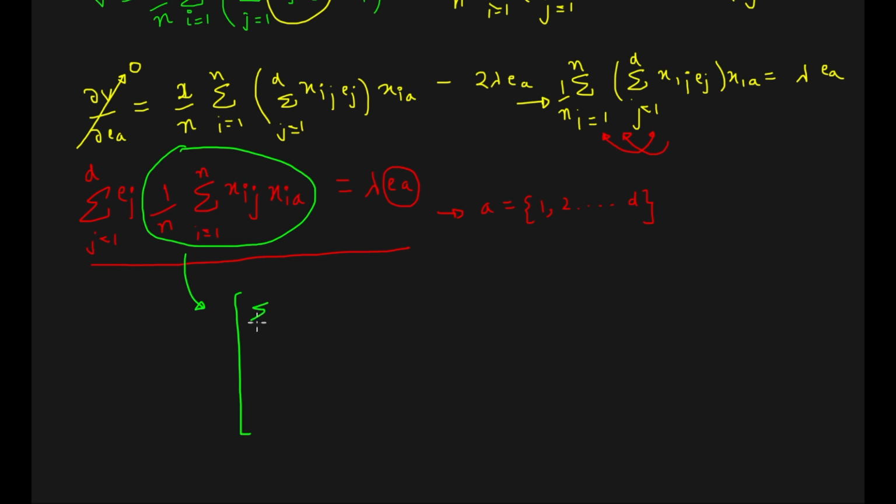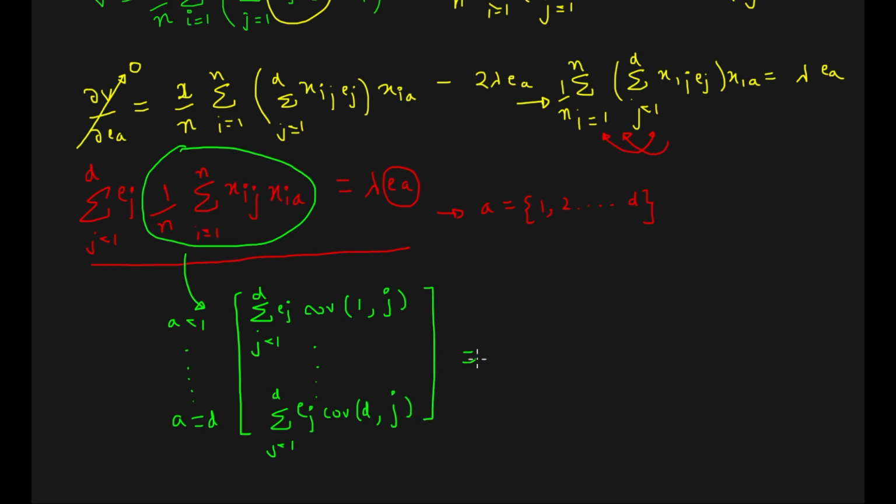Let me put the summation here first: j equal to 1 to d of e_j, so all the dimensions of e_j multiplied by the covariance of a equal to 1 here with the j-th dimension, all the way to here, where it's still e_j times the covariance for the d-th dimension. Also, here a equal to d and here a equal to 1, and this becomes the covariance between these, and this is equal to lambda.